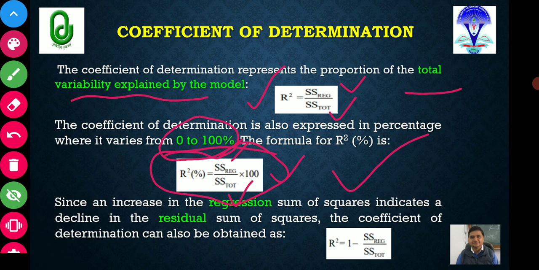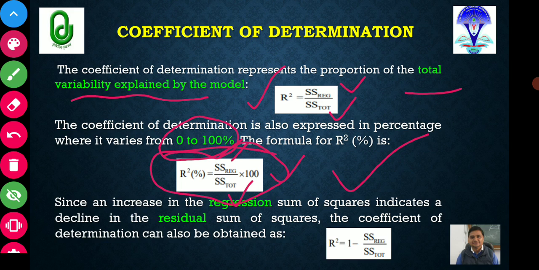You have to remember it. We have already understood why this formula is like this. Why is R square equal to the sum of squares due to regression divided by the sum of squares due to total? Because the coefficient of determination is the ratio of variation explained by a particular independent variable to the total variation present in the model.